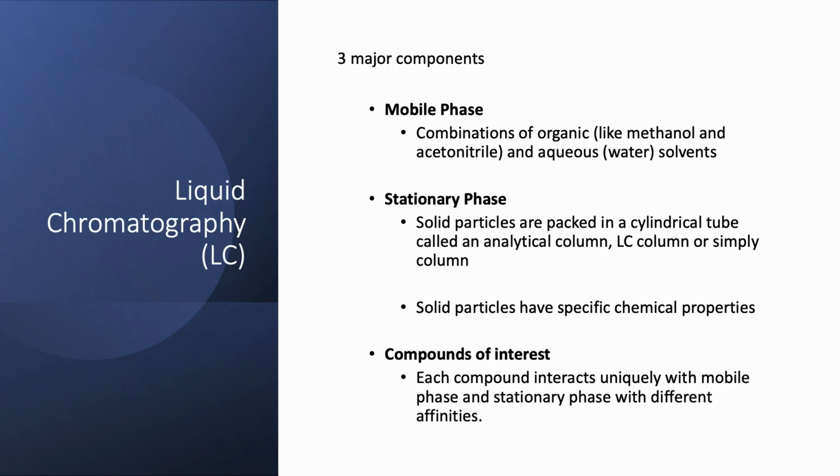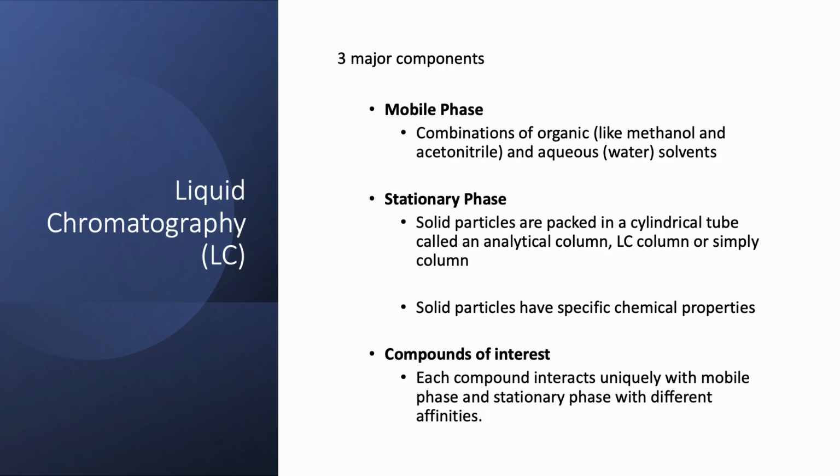Sometimes it's called an LC column, and sometimes it's just called a column. Those solid particles don't move, so they're stationary, and they have a specific chemistry. There are hundreds, if not thousands, of different chemistries that are available for analytical columns. But functionally, they all do the same thing, where they are stuck, they don't move.